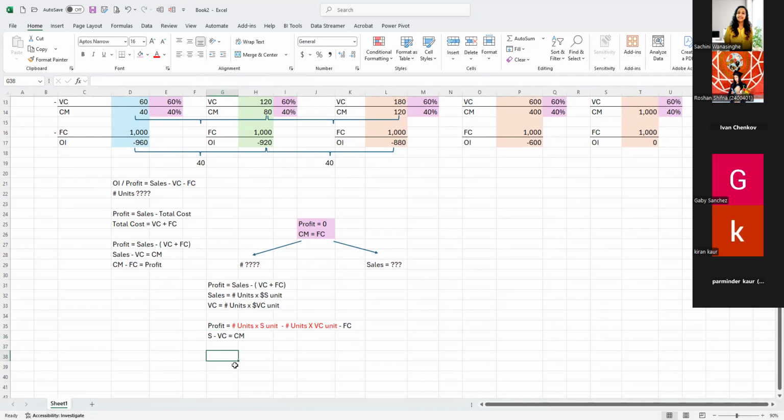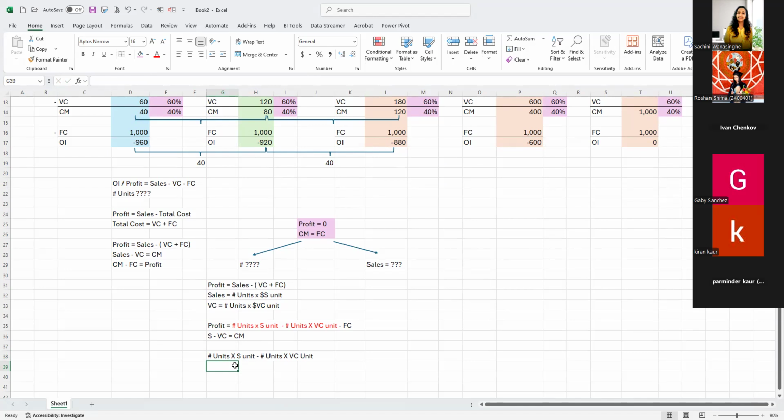If I have the number of units times sales per unit minus number of units times variable cost per unit, what is that going to give me? Same contribution margin. Sorry, contribution margin.